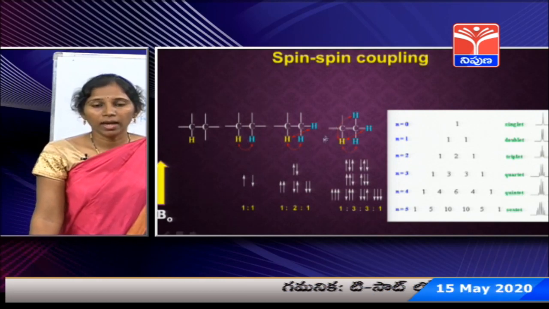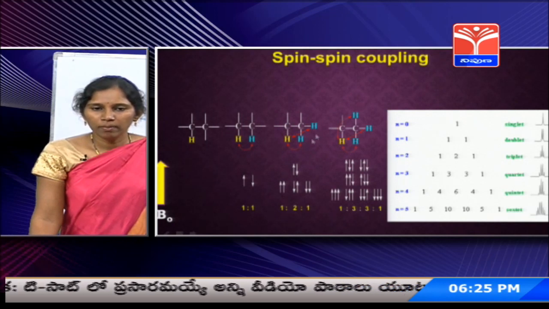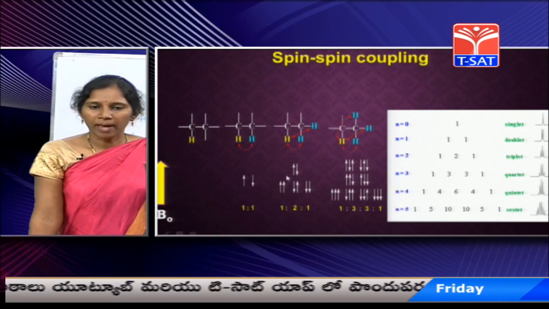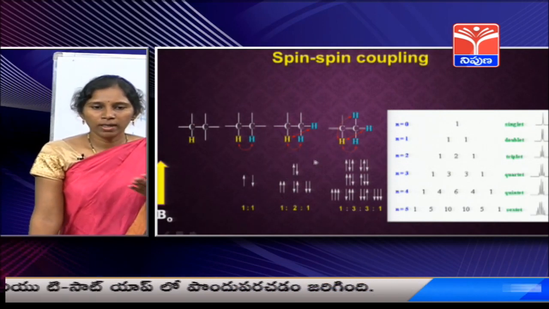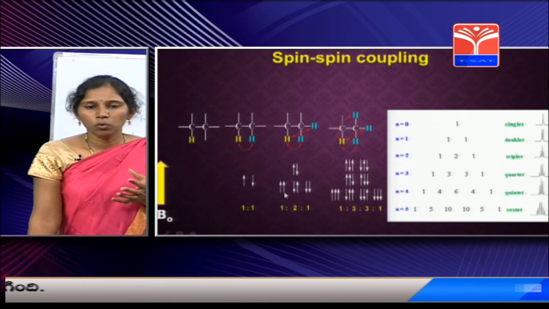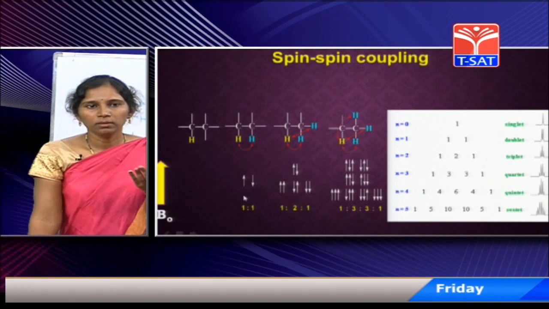In this case, we have 2 different hydrogens. Here they will be oriented in 2 different directions, either parallel or opposite. Both will be parallel or both will be opposite to the field. If these 2 are in the same direction, B naught having 30, plus 2, 32.